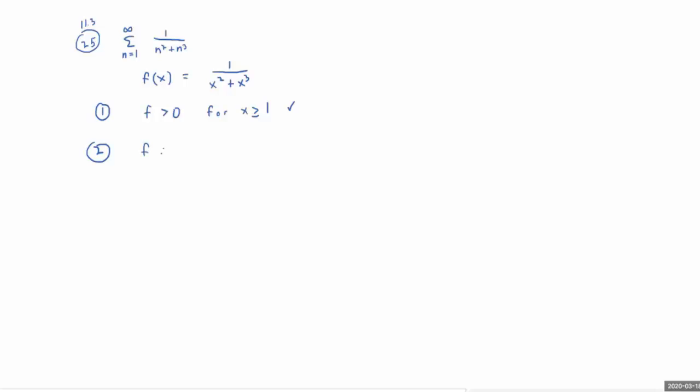So f of x equals 1 over x squared plus x cubed is a rational function, meaning it's the ratio of two polynomials. Rational functions are continuous. And so it is continuous. You're just checking it off the list. We know it's continuous from Calc 1.